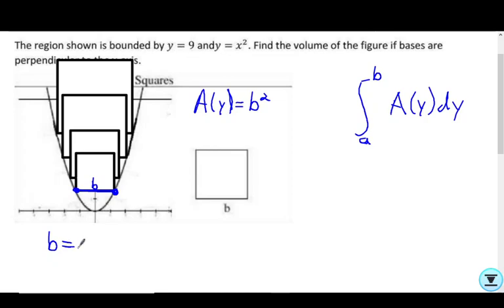Now, this problem actually is similar to a problem that we worked when we were doing optimization. When we did optimization, there was a problem where we had a rectangle that was inscribed inside of a parabola, and we had to find the maximum area that rectangle could have based on the equation from the parabola.